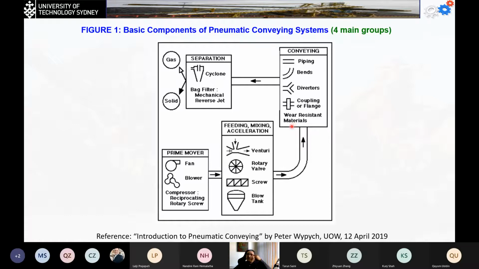And as we reach the end of the system, we need to separate the air from the conveyed material. Usually what we need is what we call a separation device. One of the most common separation devices is the cyclone. Also, we can use bag filters, like the mechanical reverse jets. So once again, it's just like a vacuum cleaner.